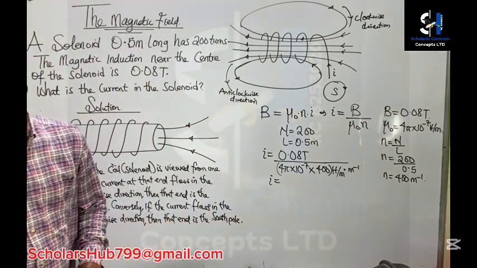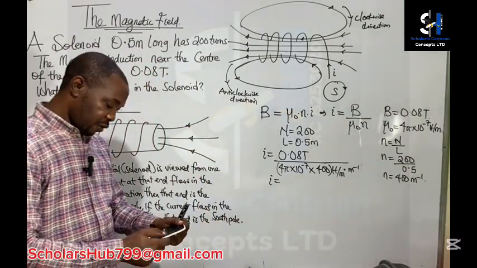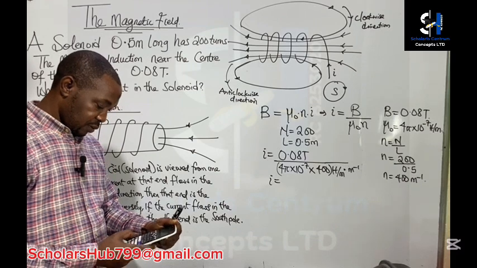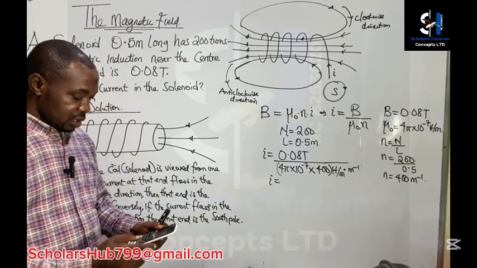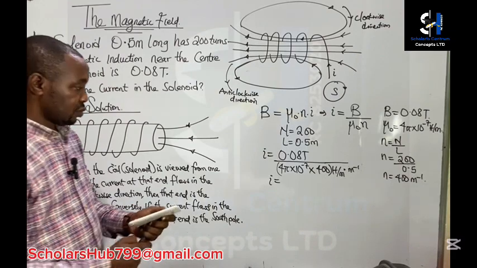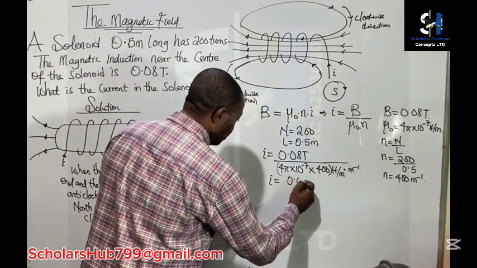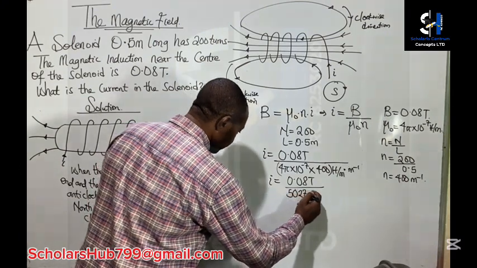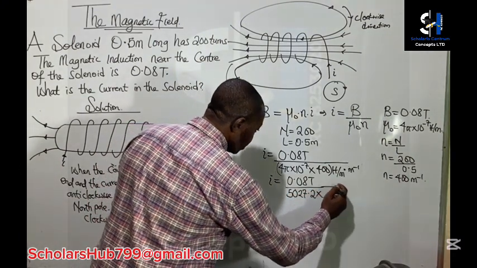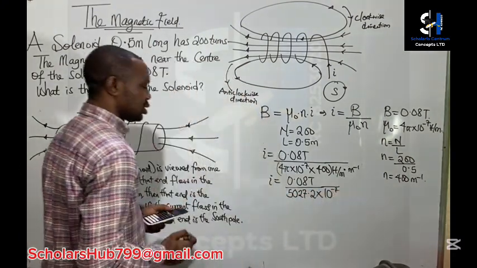Let's get the value of 4 pi multiplied by 400, that'll be 5027.2. So we have 0.08 Tesla over 5027.2 multiplied by 10 raised to the power of -7.